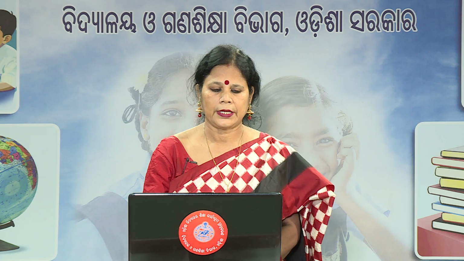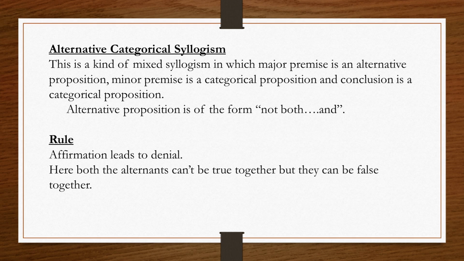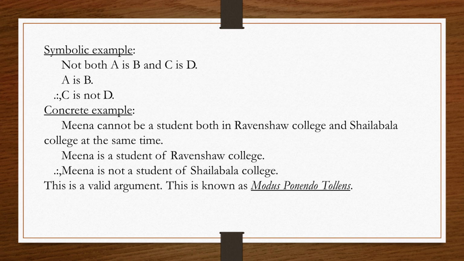Then in the alternative categorical syllogism, the major premise is alternative, the minor premise is categorical, and the conclusion also is a categorical proposition. Here the form of the alternative proposition is not both, and. So the rule here is affirmation leads to denial. If one of the alternatives is affirmed in the minor premise, then the other alternative must be denied in the conclusion.